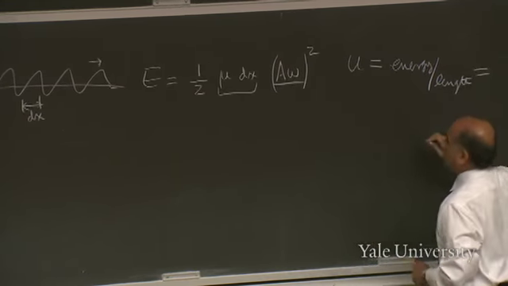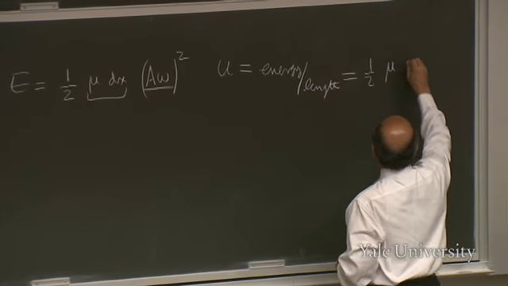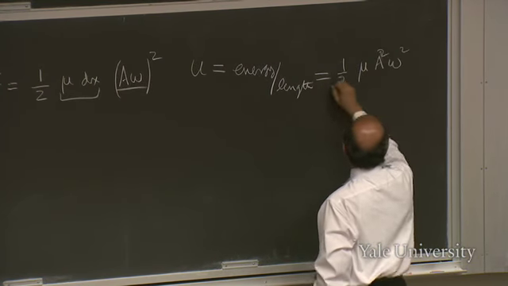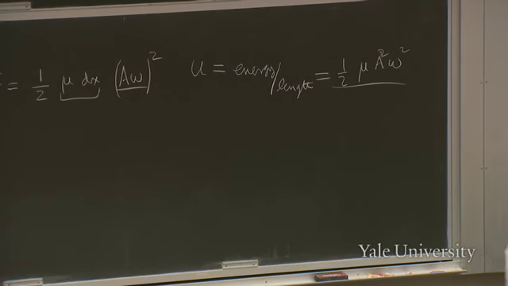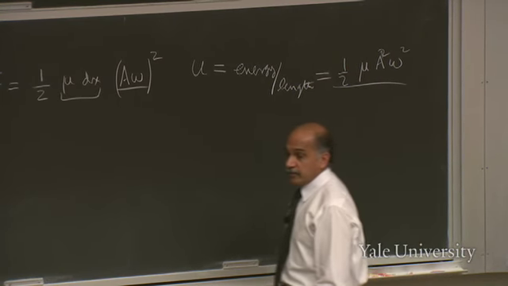That means you just divide by dx, and you get 1/2 mu A squared omega squared. It is just the kinetic energy of a segment of unit length. It's the total energy, but I chose to compute it when it's all kinetic.